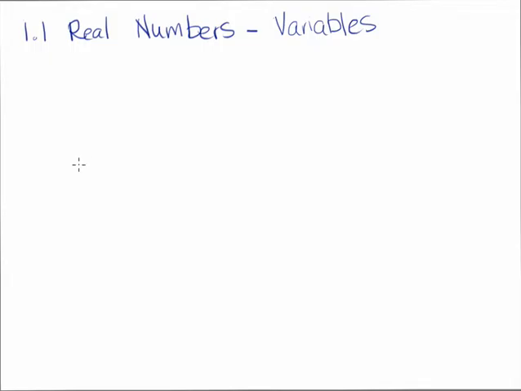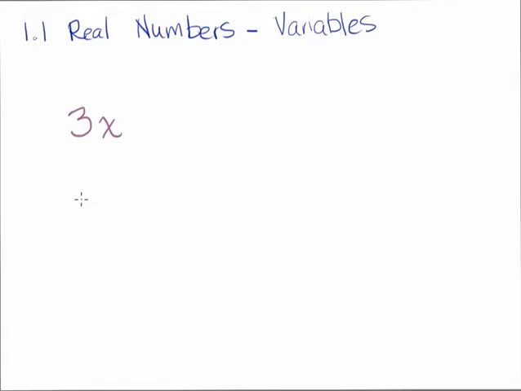Okay, just one last thing for this video. It's not inherent in the title of this section, but I want to talk a little bit about what it means to be an algebraic expression. An algebraic expression is a combination of numbers, variables, operation symbols, and sometimes grouping symbols. So here's an example. This is an algebraic expression.